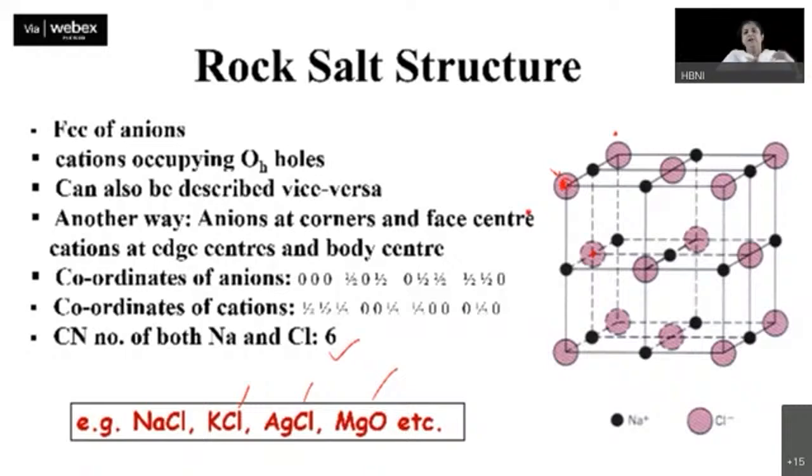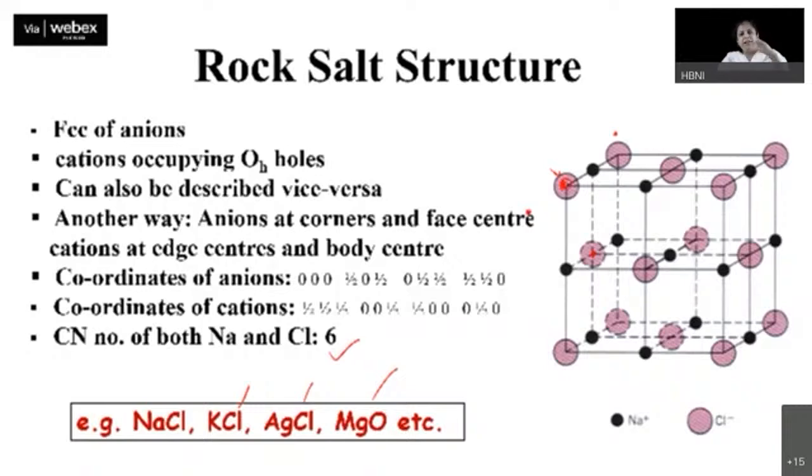Okay. So now black balls form the FCC and the pink balls are occupying octahedral holes. That means if you go and read the books, 1 or 2 textbooks may define NaCl as 2 interpenetrating FCC lattices of sodium ion and chloride ion. Now that will make sense to you. Why?